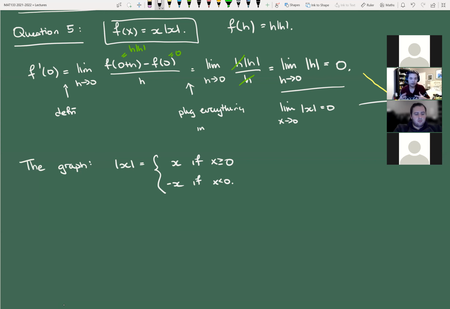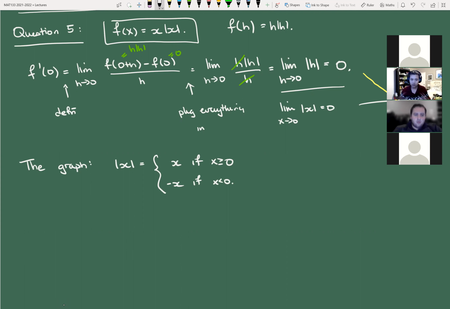The answer is actually to figure out what this function looks like as a piecewise function. So I think something that will help everyone is when you see an absolute value, most of you have internalized this as, if it's positive, just drop the absolute value, and if it's negative, get rid of the minus sign. Instead, you should think of the absolute value as being a fancy notation for this piecewise function.